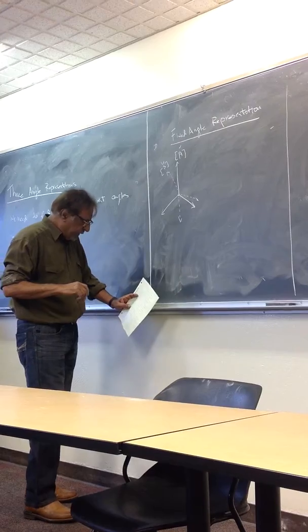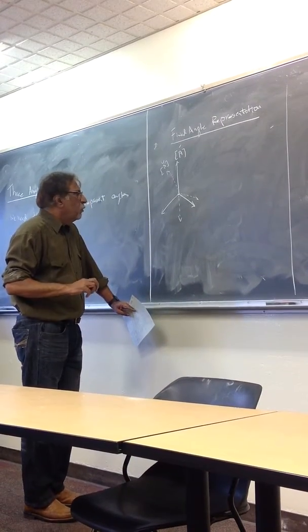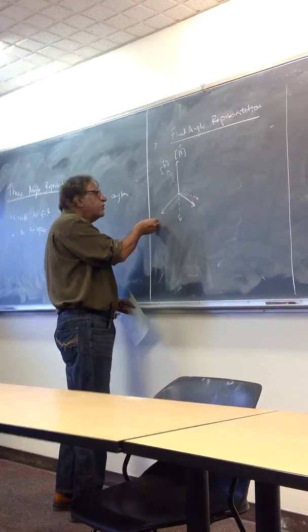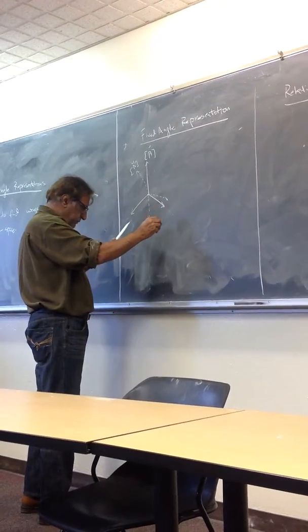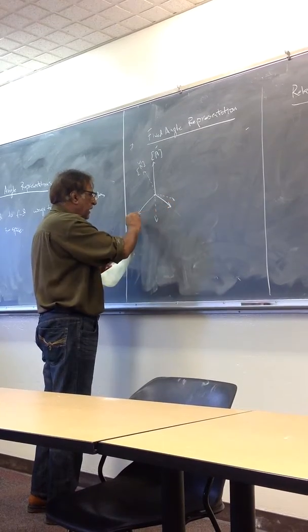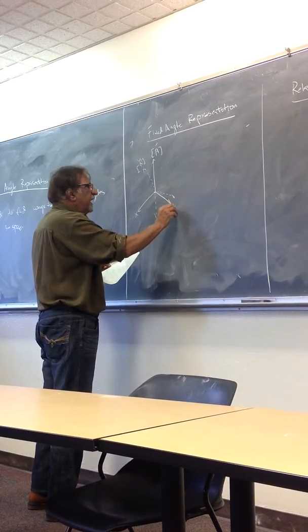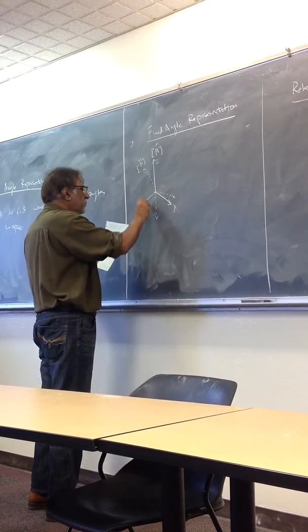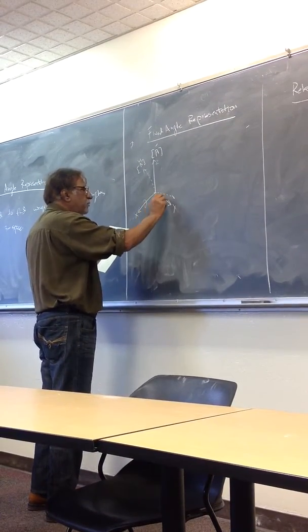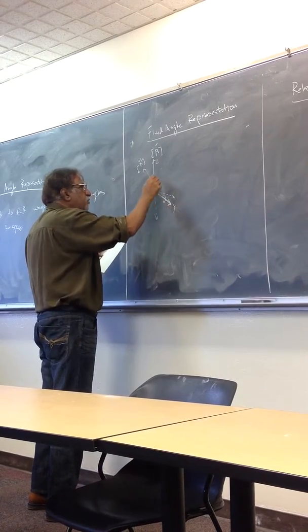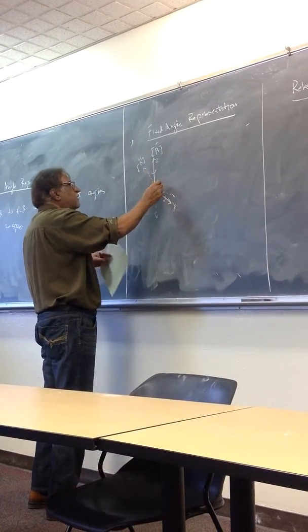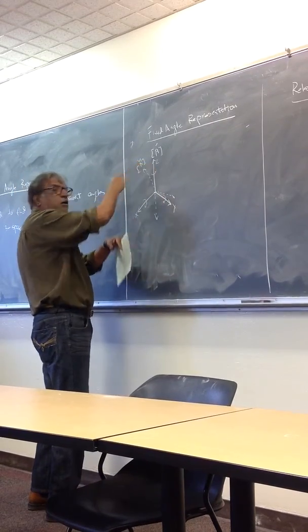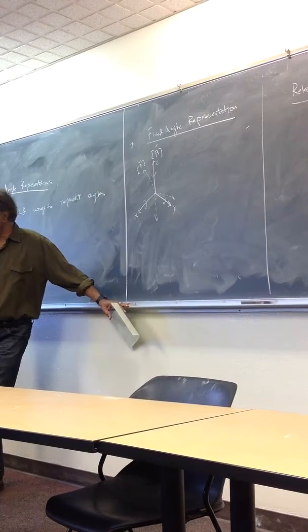So there are two ways of doing it. One way is to rotate about these original axes, let's say, X, Y, and Z. So you start by rotating about X, then you rotate about Y, and then you rotate about Z, till A corresponds to B. Can you see that?